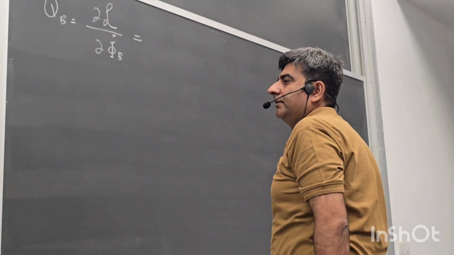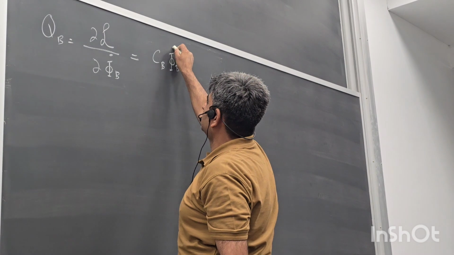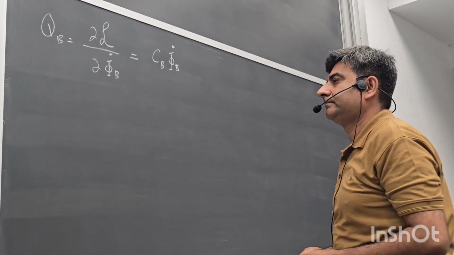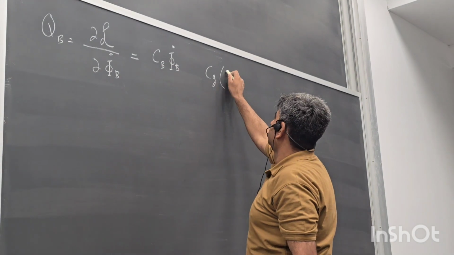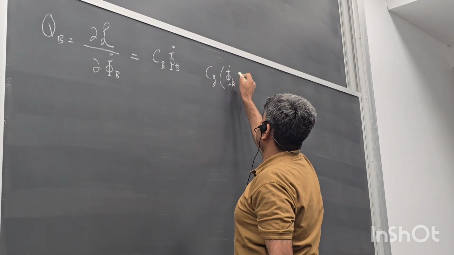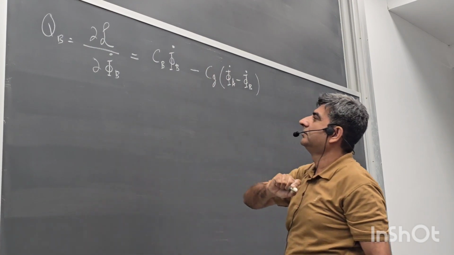This is CB phi B dot, plus CG times phi A dot minus phi B dot, with a minus sign.